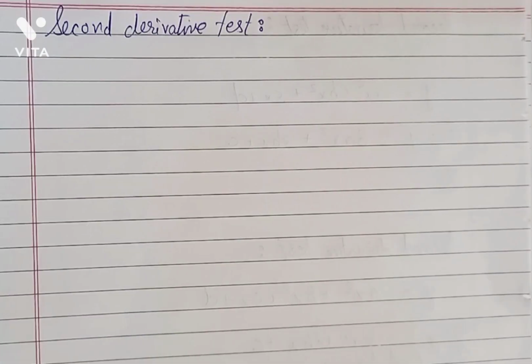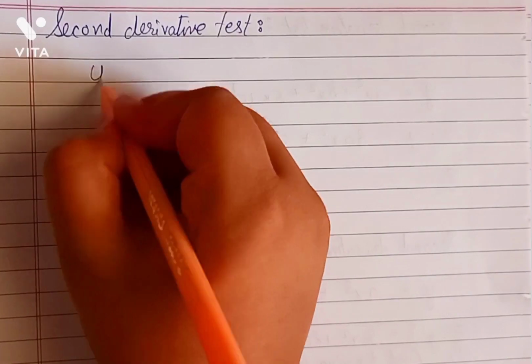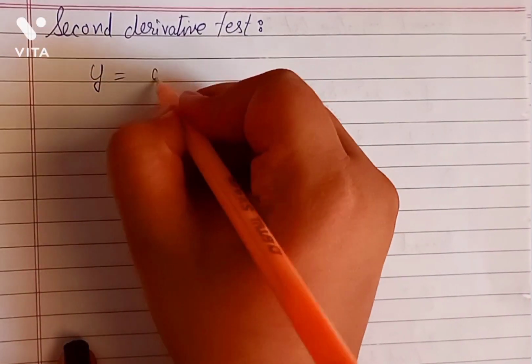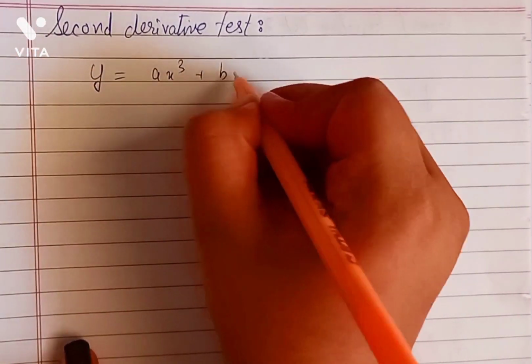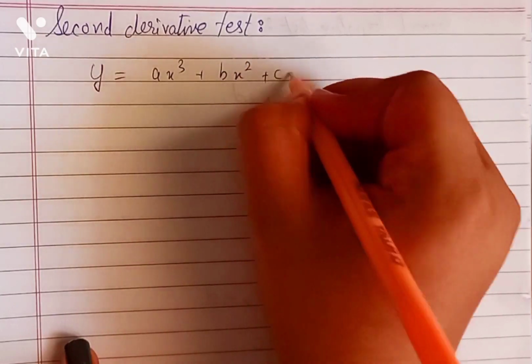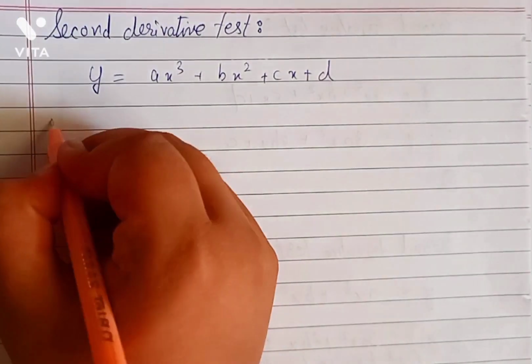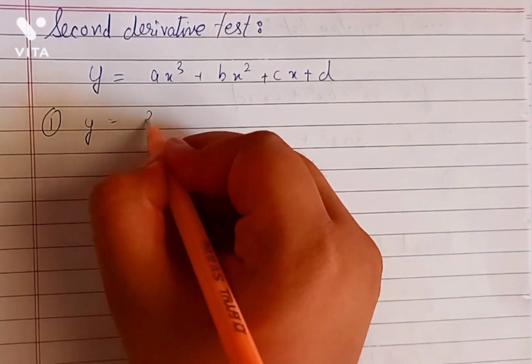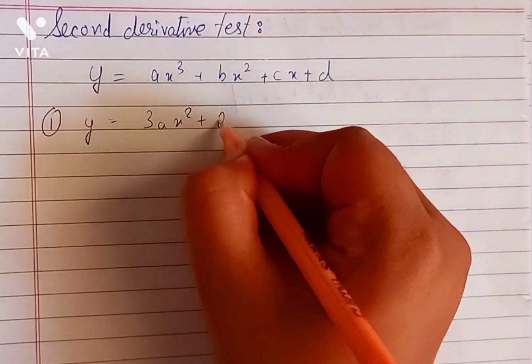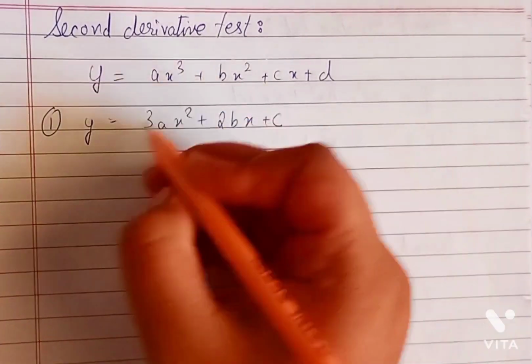Alright, so now let's see the second derivative test. In the second derivative test, you differentiate a function twice. Say I have a function y equals ax cube plus bx square plus cx plus d. Now the first step is to differentiate it, so you will get 3ax square plus 2bx plus c.